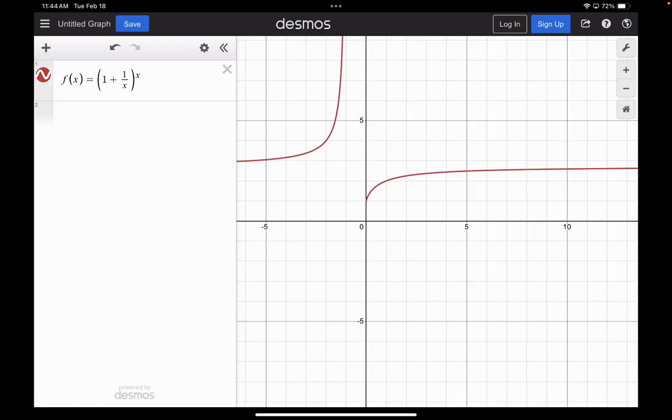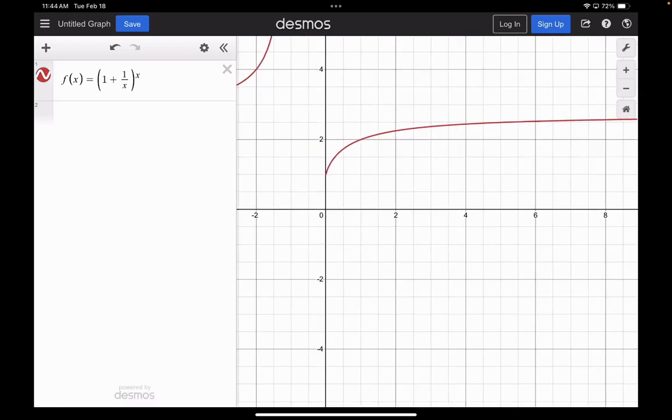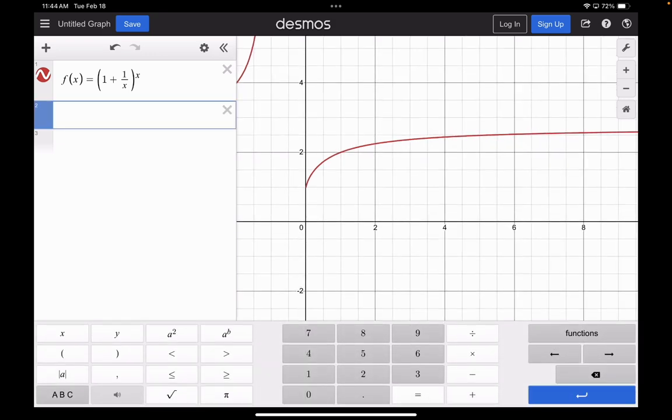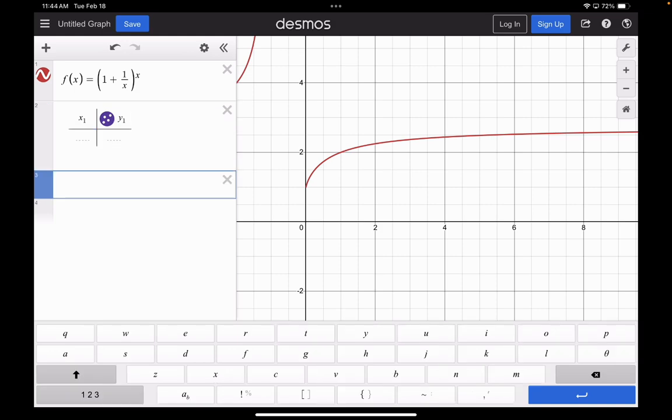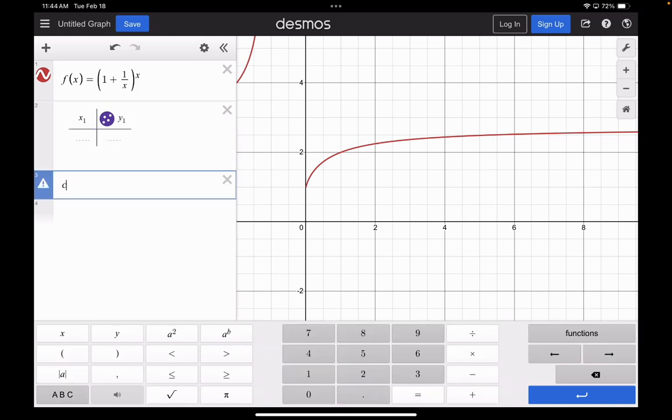And then here I'm going to make a table. I need a variable called c. I'm going to start c off at 0.